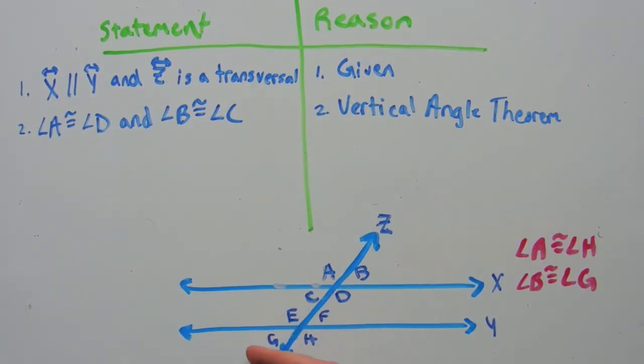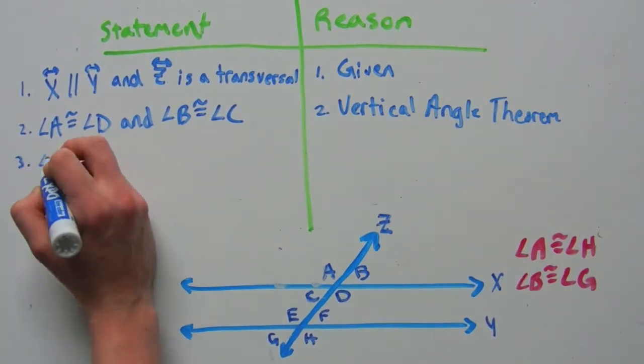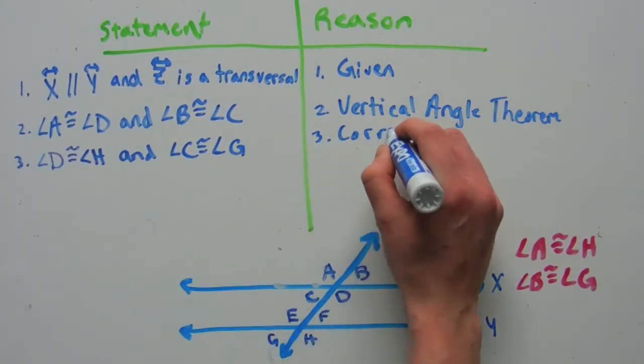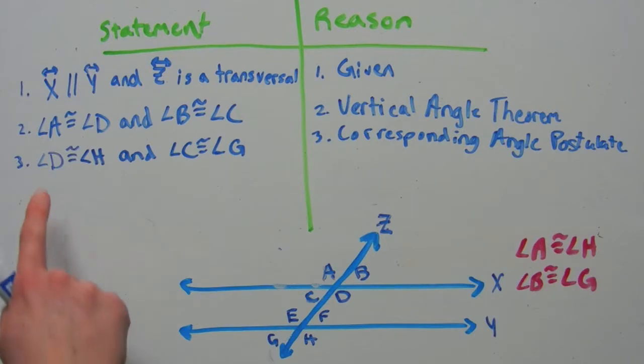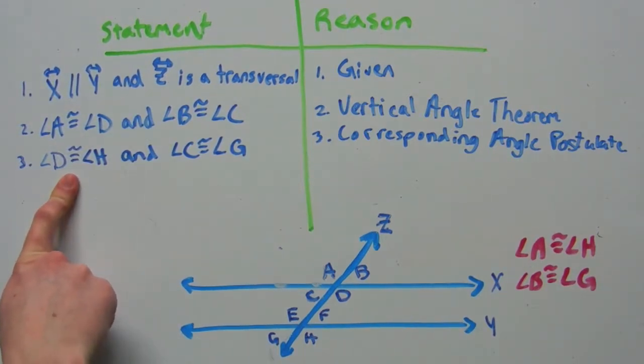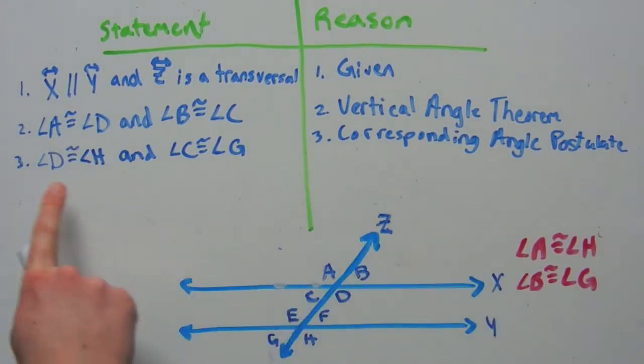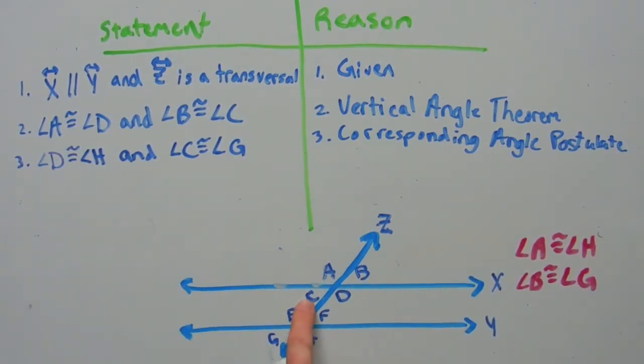And C can be related to G because they're corresponding angles. And since they're corresponding angles, by the corresponding angles postulate, angle D is congruent to angle H, and angle C is congruent to angle G.